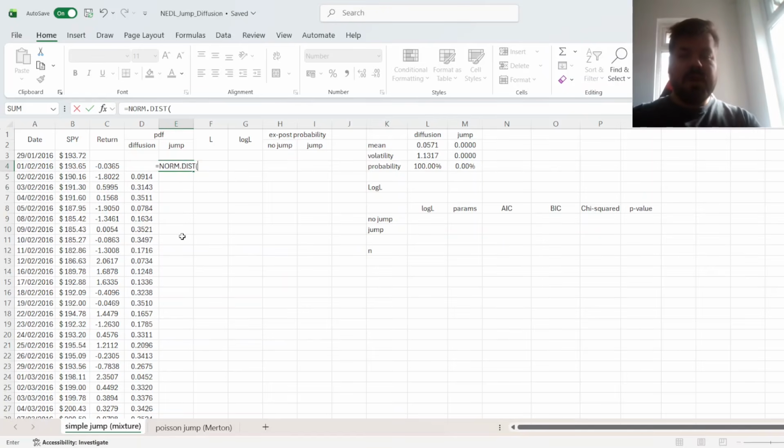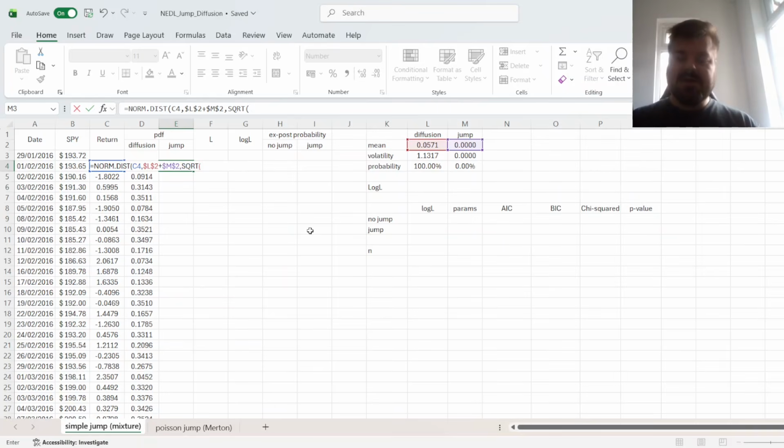So we can input the normal distribution, input our return, our x. The mean will just be the sum of two means, so the mean of the diffusion process plus the average size of the jump. So the volatility of our return subject to a jump happening is the square root of the variance of our return subject to a jump happening.